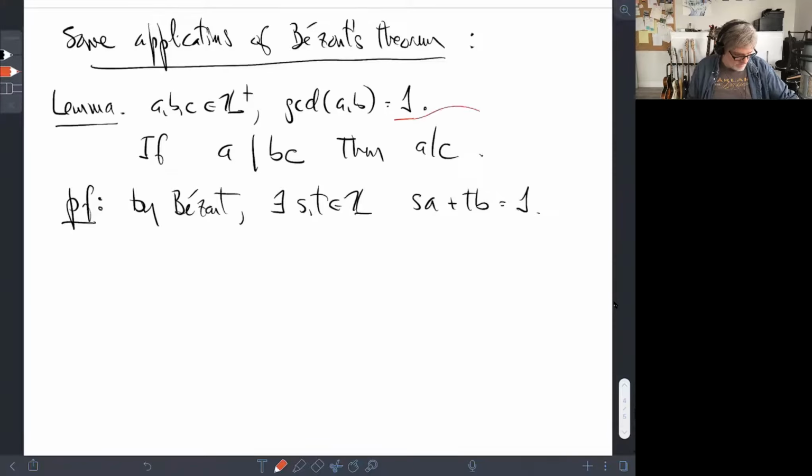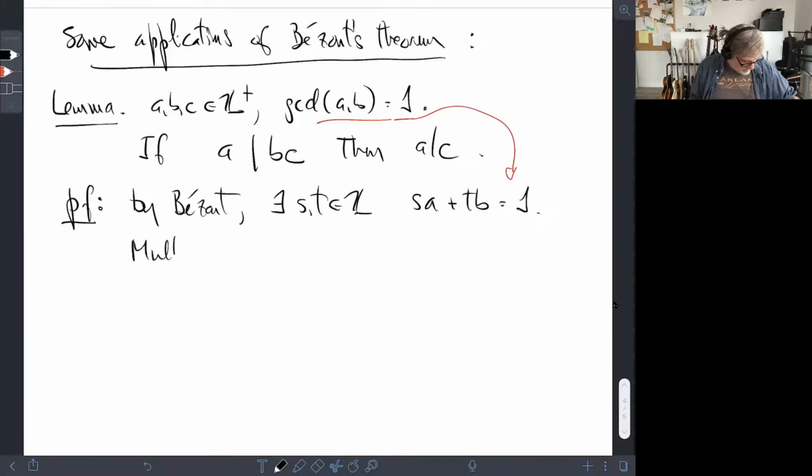Because that's the GCD right there. So the GCD is 1, so there's an integer linear combination of A and B that gives you 1. Okay, so what do I do with that? I'd like to show that if A divides B times C, then it must divide C. So here's a nice little trick.